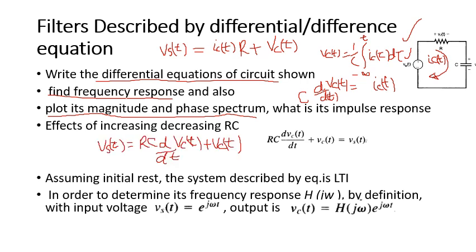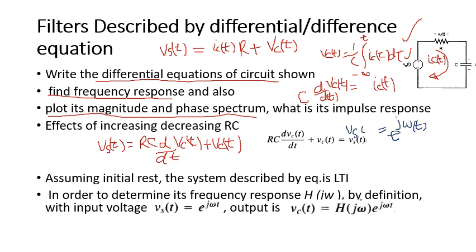We are given the system is LTI, that is linear and time invariant, right? Now for this we have done that if the input is, for example, e power j omega t, what will be the output? Let me call it V source of t.